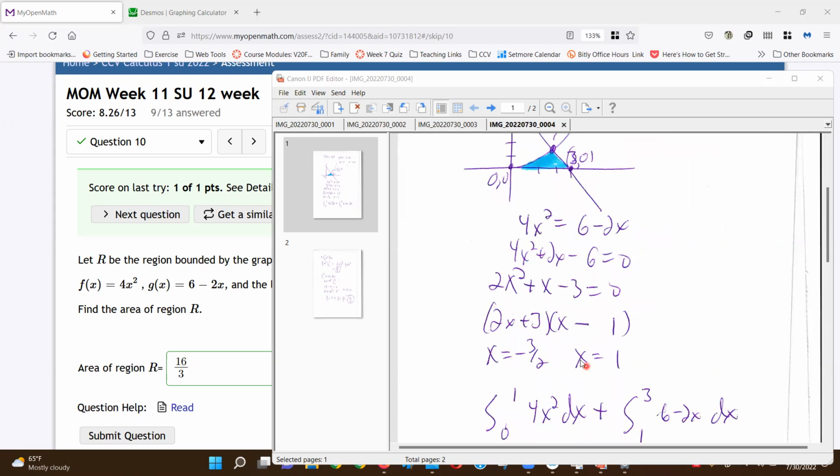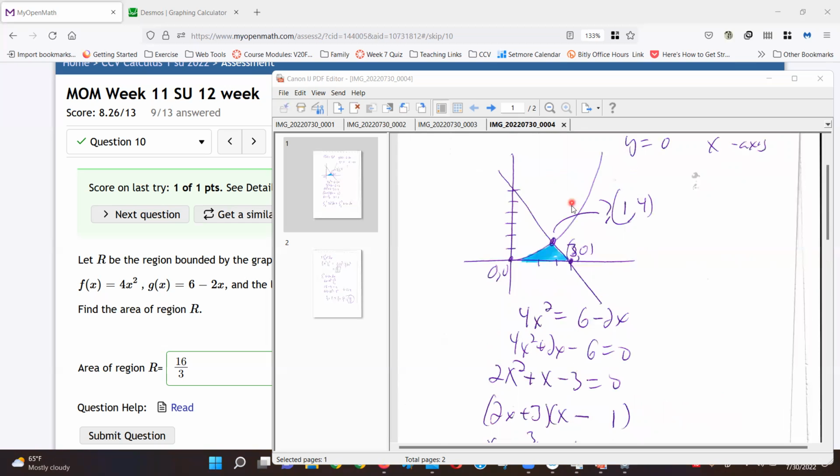I factored out a 2 to make my factoring easier. And then what multiplies give me 2x squared, 2x and x? You guys know how to factor. So when is this equal to 0? Negative 3 halves, and 1. Negative 3 halves isn't in the range that I want, so I discarded that. So x equals 1 is when I change functions, okay?